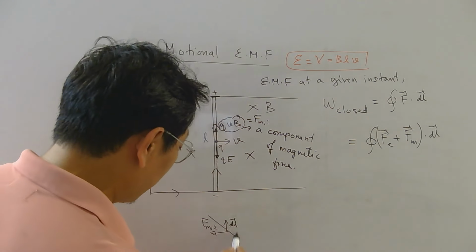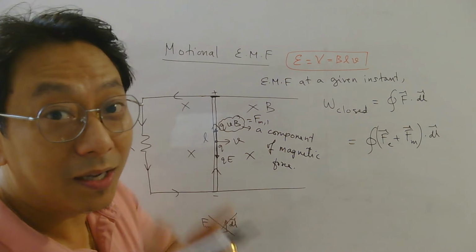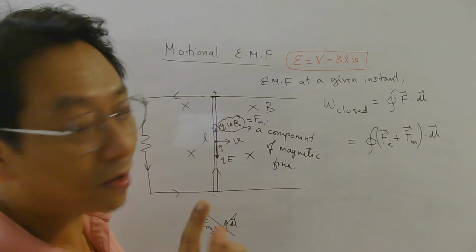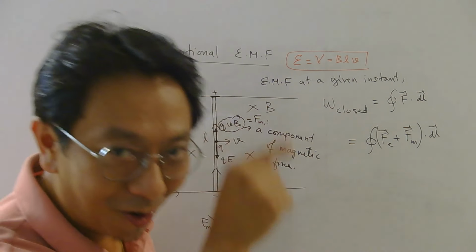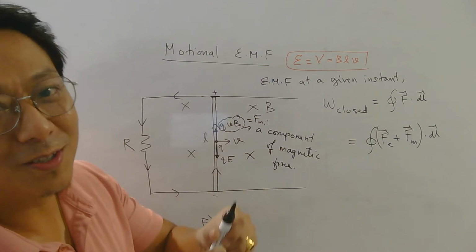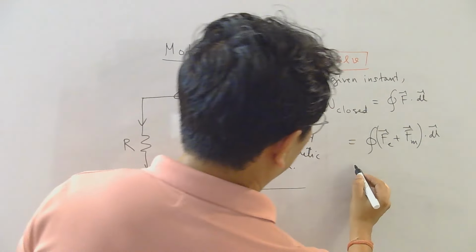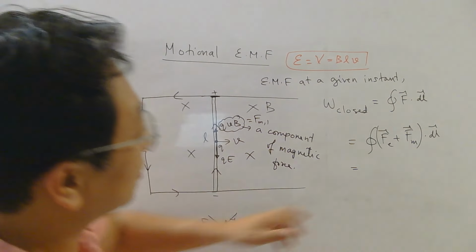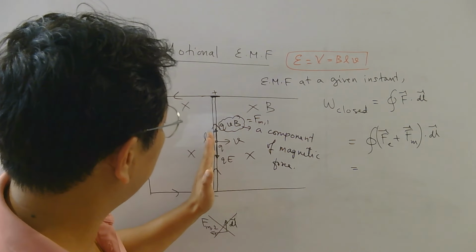And therefore no work will be done by that magnetic force when I calculate EMF, remember, because EMF is found by carrying a unit positive charge all around the loop in which you want to find EMF. So please understand that this is not the whole magnetic force. This is just the component of magnetic force which is acting here.